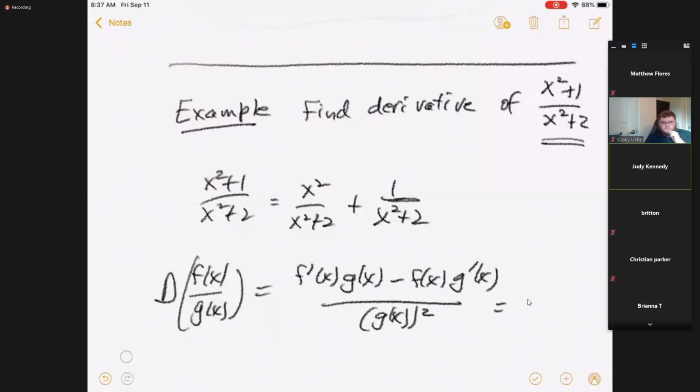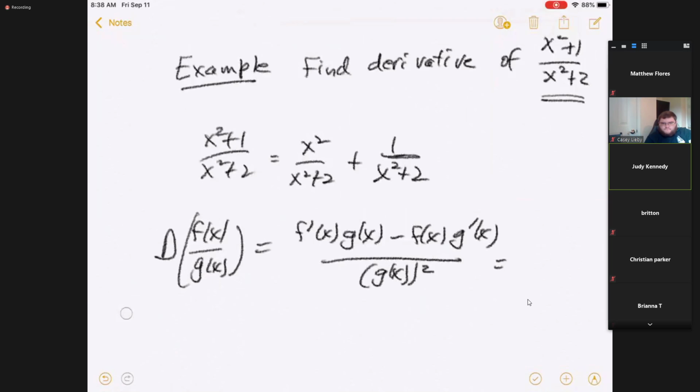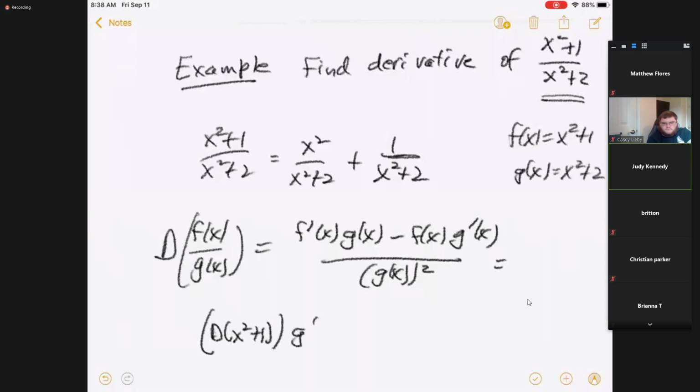You're going to need to memorize these rules, but not this week. Okay. So let's just write it out. My top function is x squared plus 1. And my bottom function is x squared plus 2. So I want the derivative of x squared plus 1 times g unchanged.